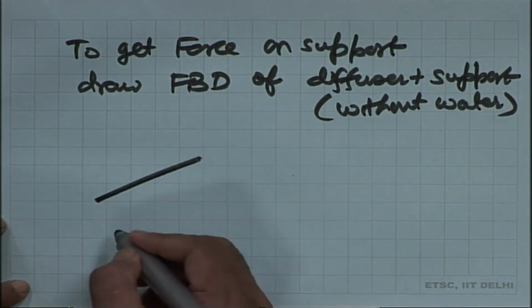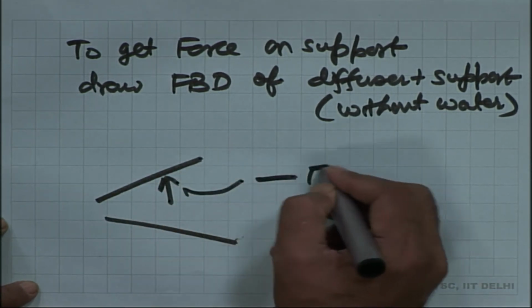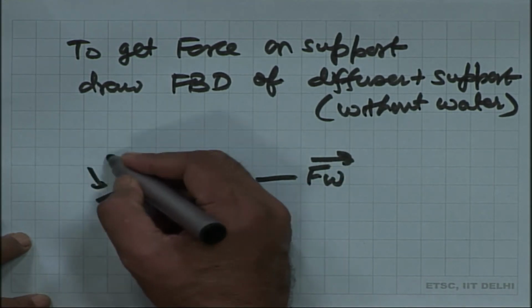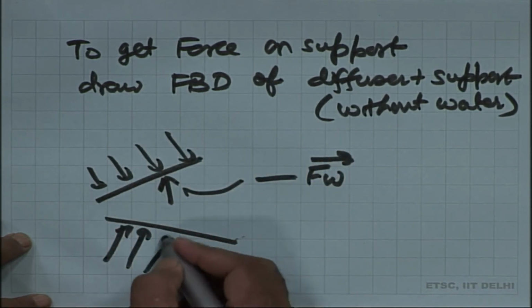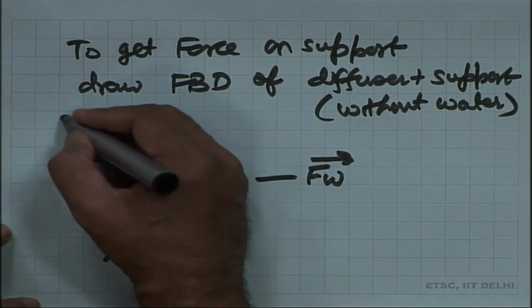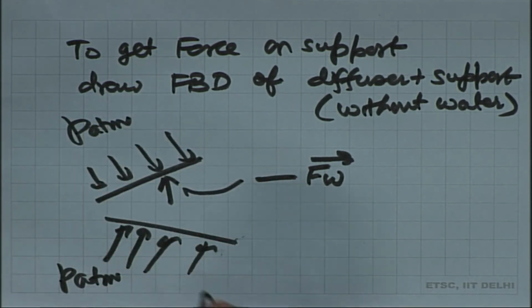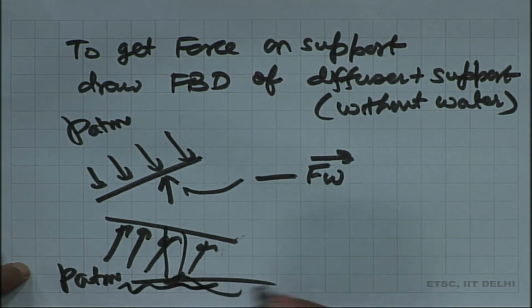So, you have this diffuser surface on which from inside minus Fw force is being exerted. On these two sides, P atmosphere is exerted, and we have this support, and when you cut this, you are cutting the support.